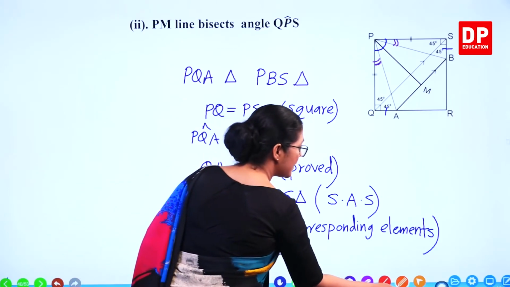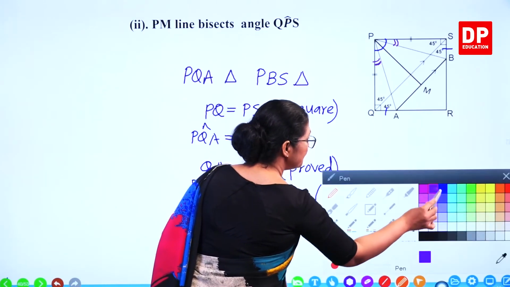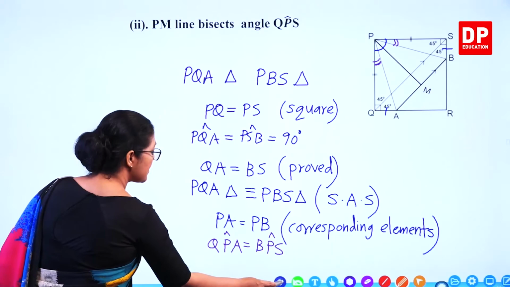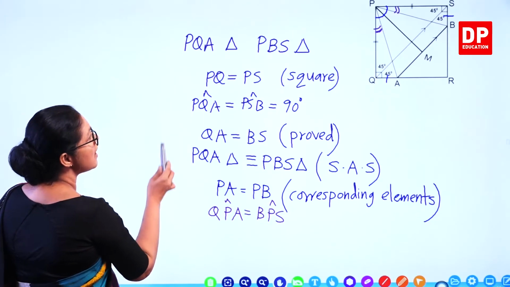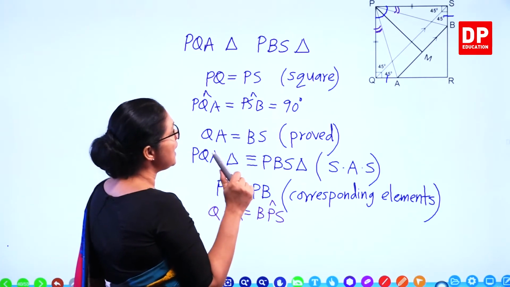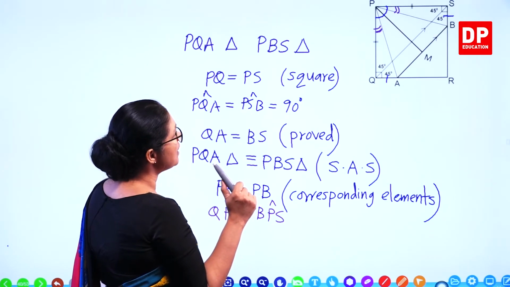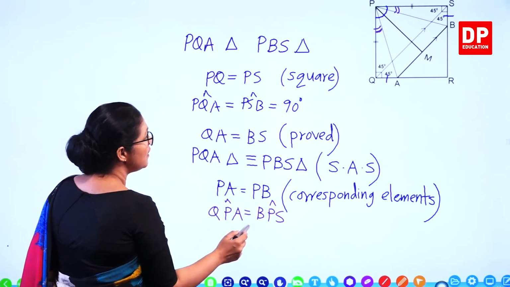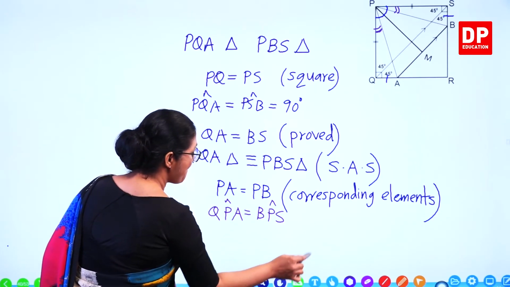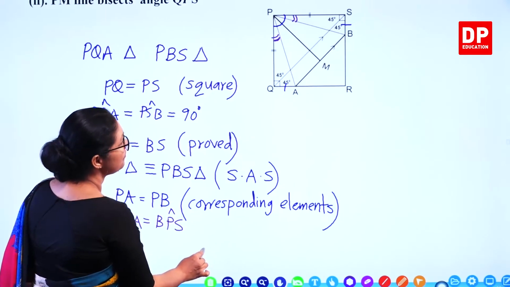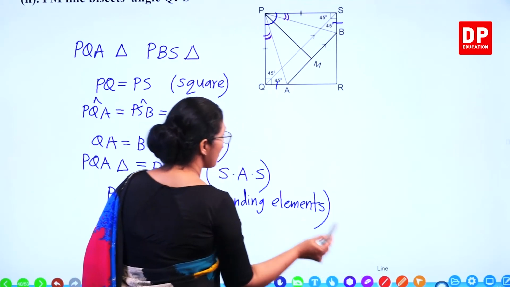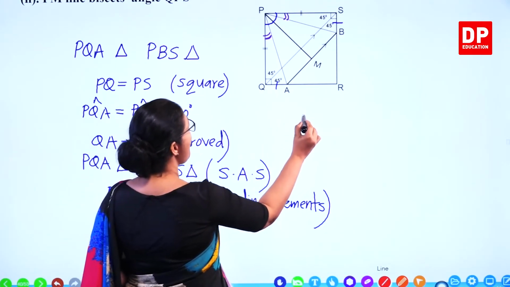Now we'll take the other two triangles. We need to take PAM triangle and PMB triangle. We'll do that now here. What are the two triangles we need? PAM.